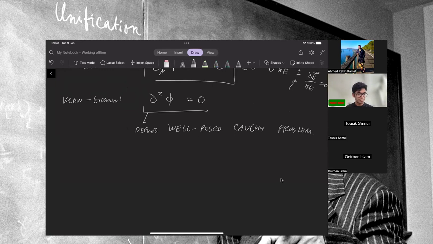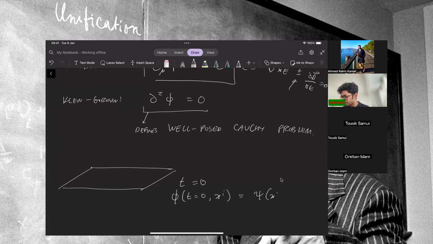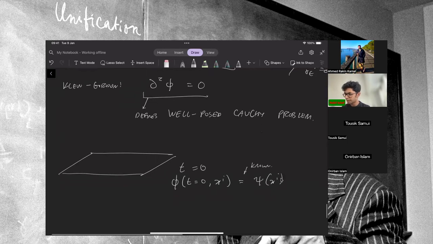And what does that mean? What that means is if you imagine that you have some time, let's call it t = 0, and now suppose you specify the field. So I specify φ at t = 0 and all x. It's something that we know. Equals some, let me call it ψ(x_i). This is known.